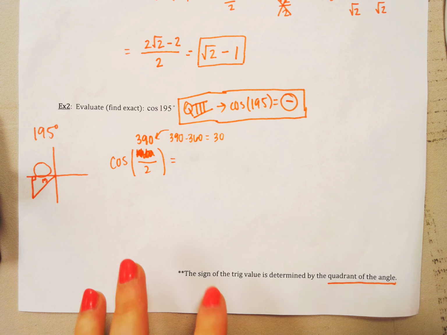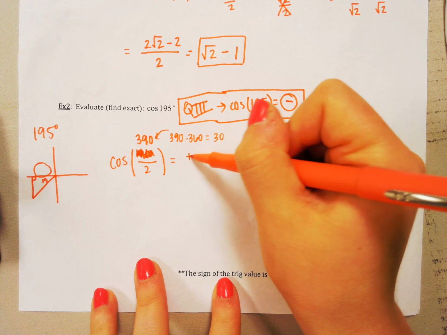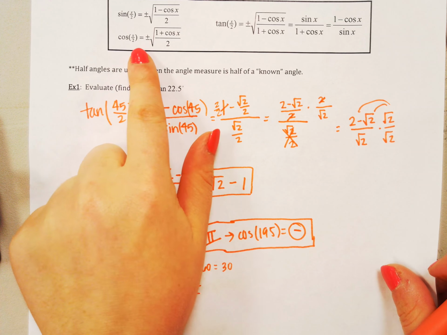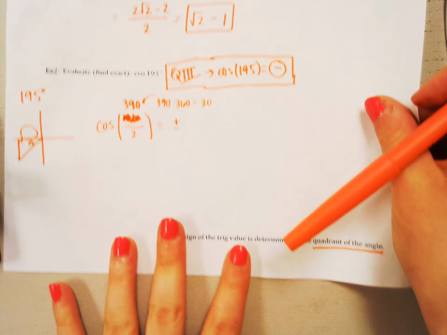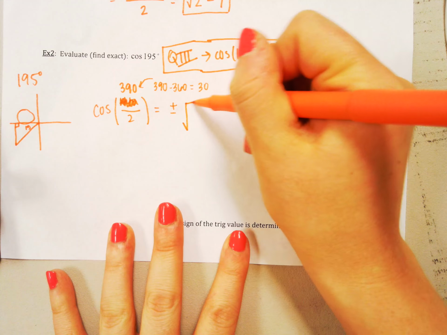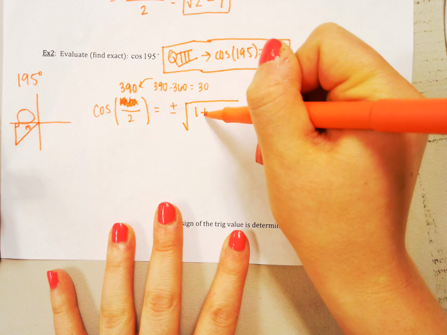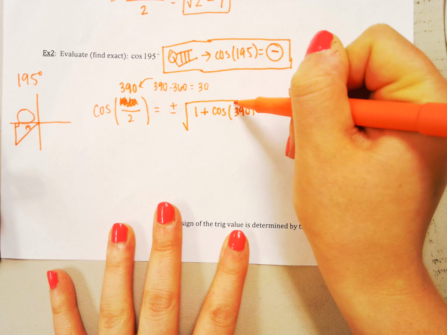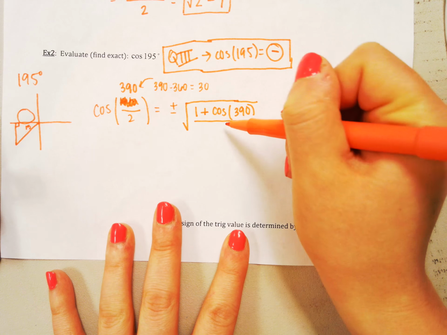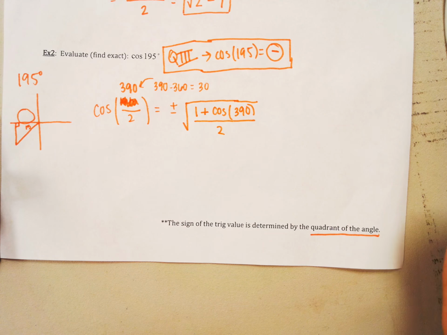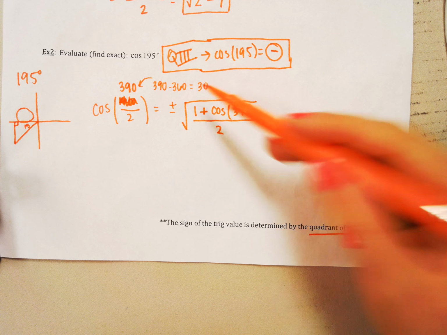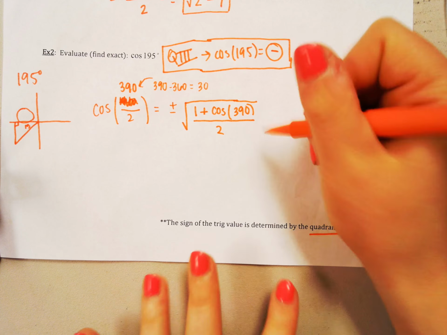So really when I expand this out and I use my half angle identity for it, where I am is cosine of x over 2 equals plus or minus the square root of 1 plus the cosine of that angle, which is 390, all over 2. And 390 is something I can evaluate. I'm just going to treat it as 30 degrees because that's my coterminal.